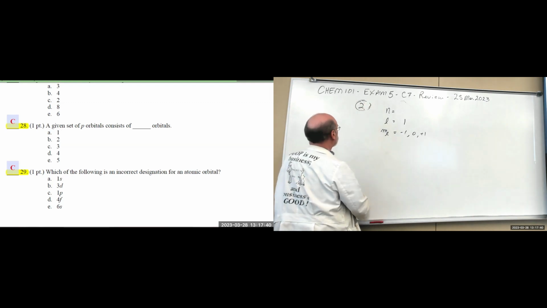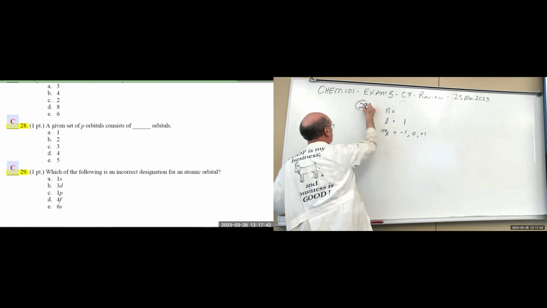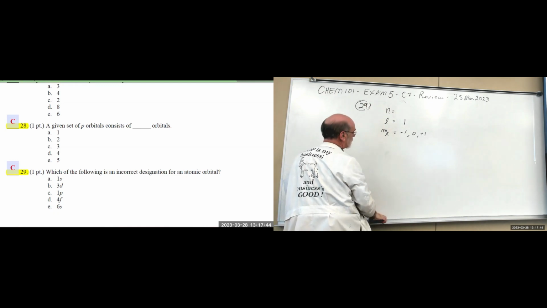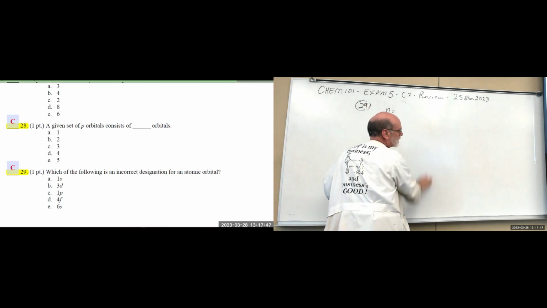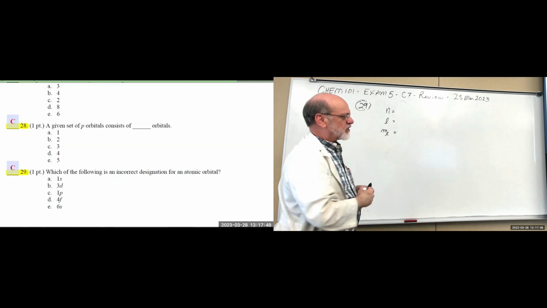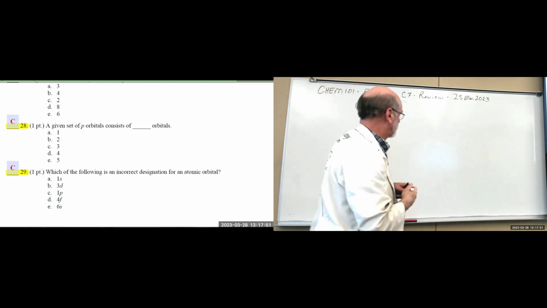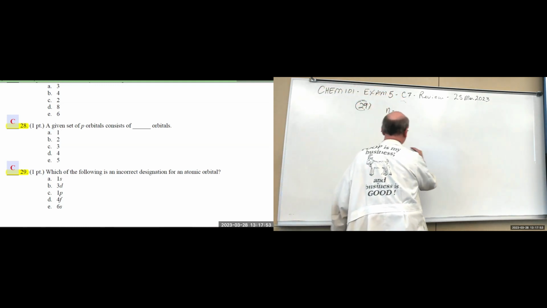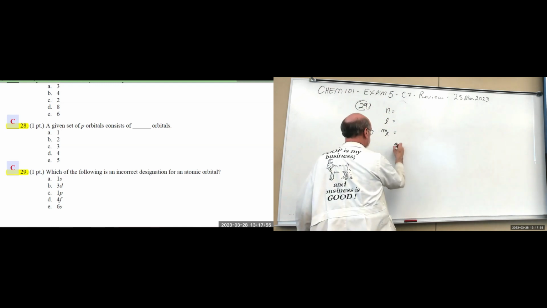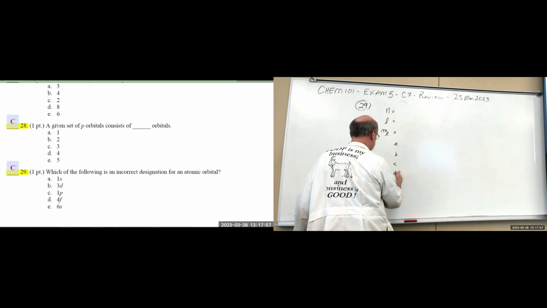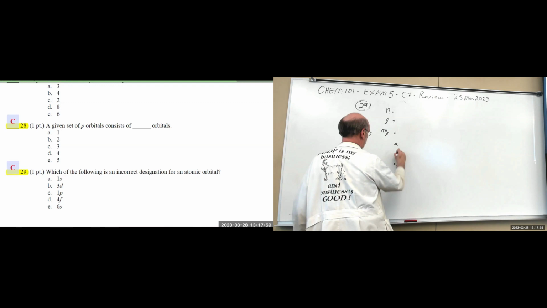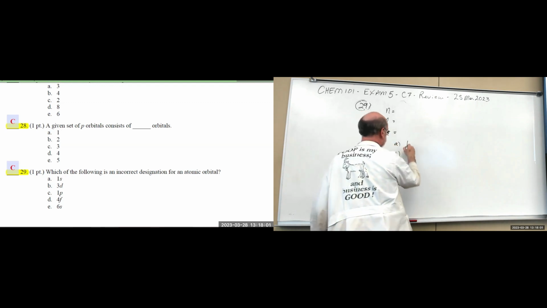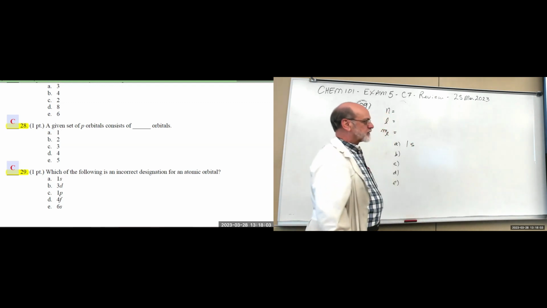And then 29. Which of the following is an incorrect designation for an atomic orbital? We have to do A through E. First one, 1s. We're looking for the incorrect one.